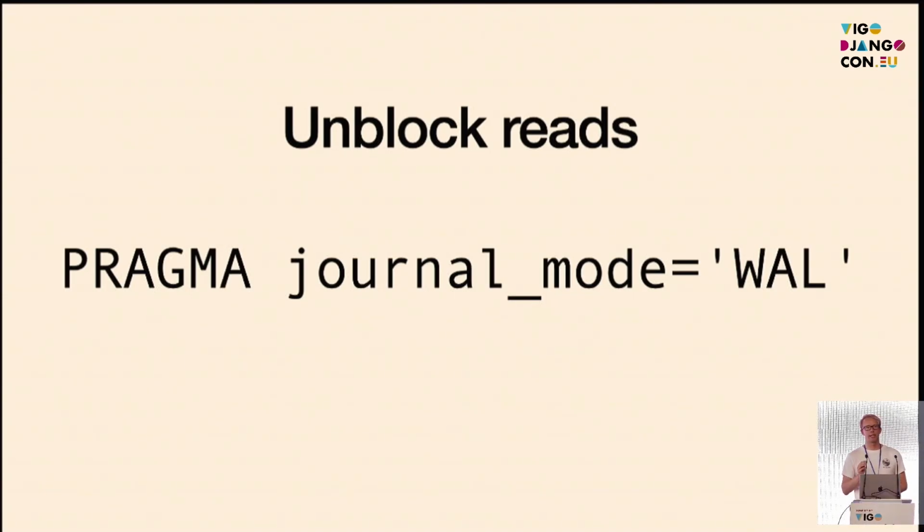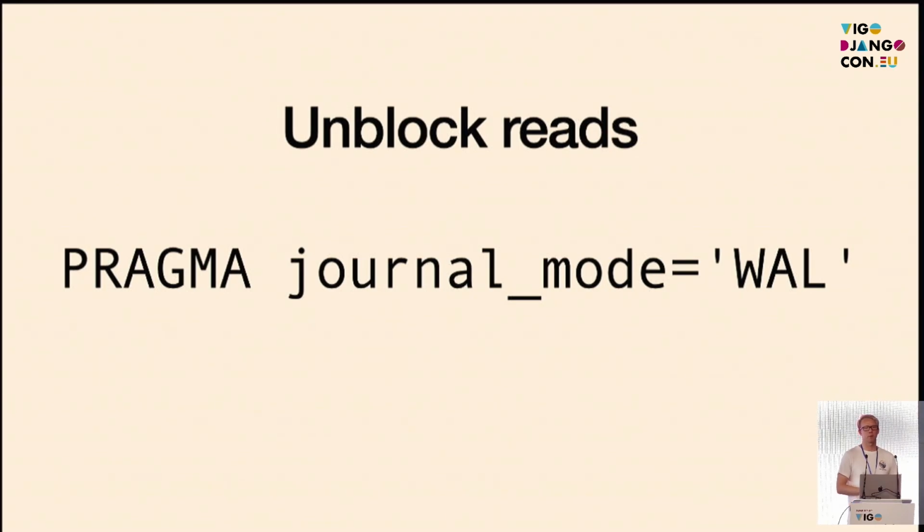Fortunately, you can at least unblock reads very easily, and you've probably seen this configuration option that enables write-ahead logging in SQLite. Now, the only reason that this isn't the default already for SQLite itself is because SQLite, like Django, always wants to make sure that all the new features and changes are backwards compatible. So they never changed the default to this new journal mode that was added years after the initial release.